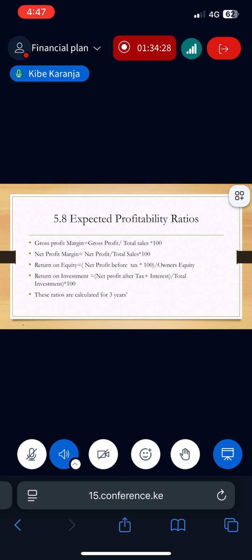I will propose you log out and log in immediately because I want to end the lesson. So log out and log in immediately so that you are captured by the system. And anybody else who has logged in, who has not logged in using name and number. This is extremely important.